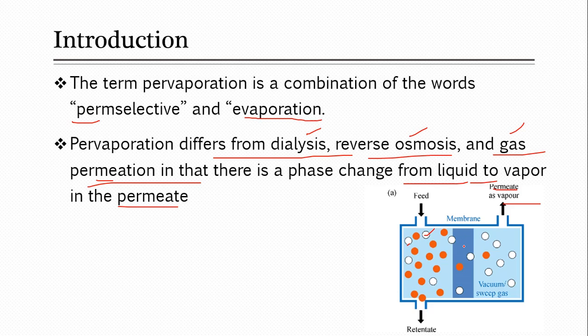A few lectures back, if you remember, in some starting lecture of membrane separation, we discussed a comparison of the diffusion of various species through the membrane: diffusion of solids, diffusion of liquids, and diffusion of gases. If you recall, diffusion of gases was the highest.